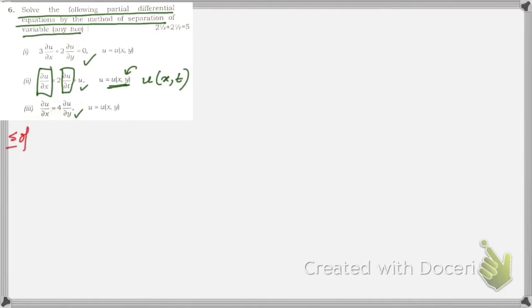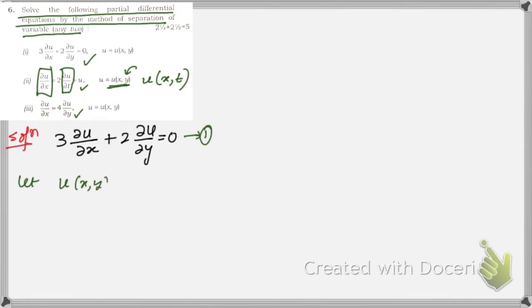Here you see this is the first equation, suppose equation number 1. Now let us consider u, a function of y and x, equal to capital X of small x dot capital Y of small y. We have taken this as equation number 2.